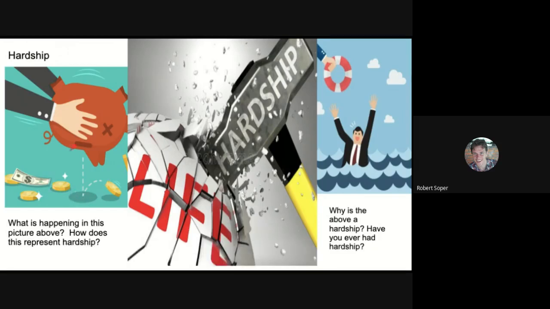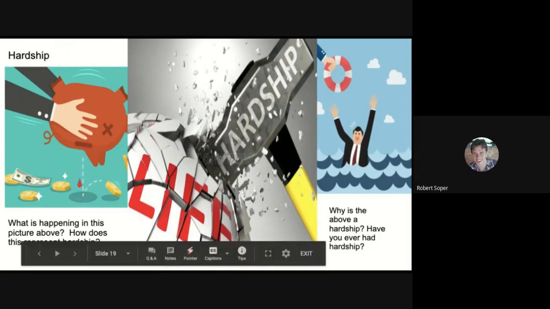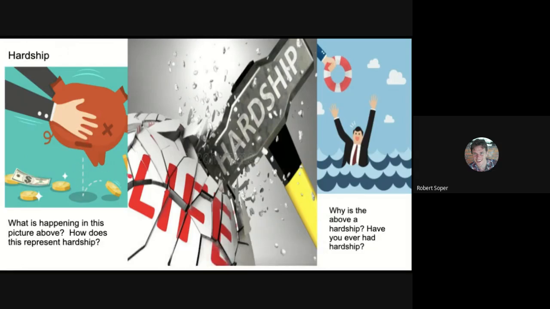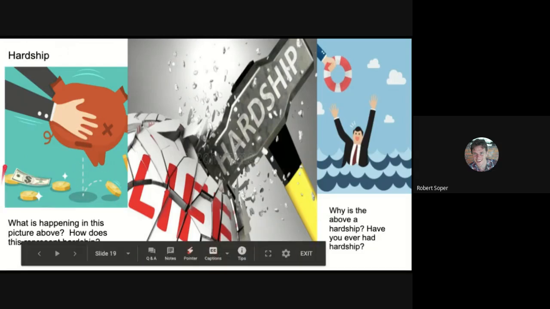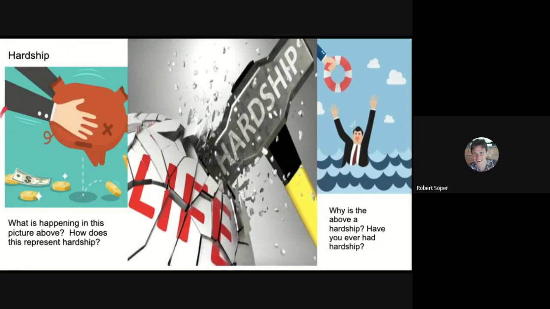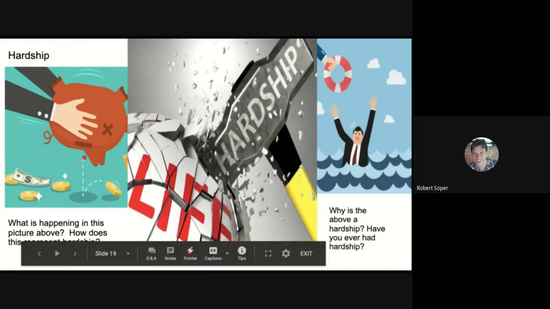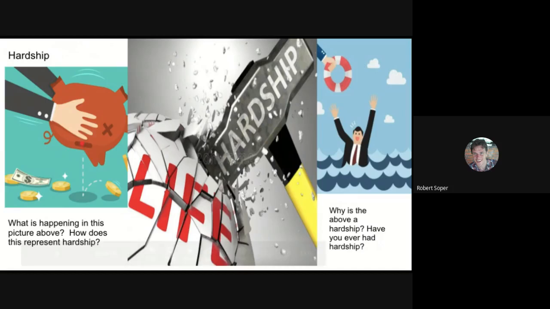So this person has no savings. They've emptied their piggy bank or their safety deposit box, and there's not a lot of money in it. So you could say this person is currently in a state of poverty, or they have a meager amount of money. Either way, it looks like they are poor, they don't have a lot of money, so this is a hardship. Why is it a hardship? Well, it's difficult to be successful in life if we don't have any money.